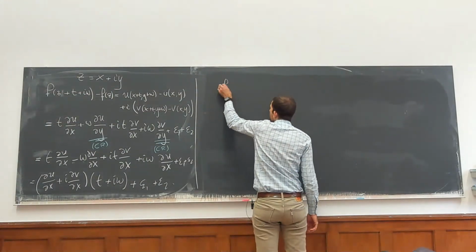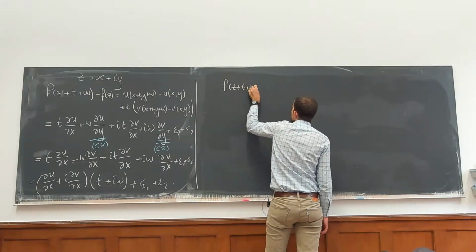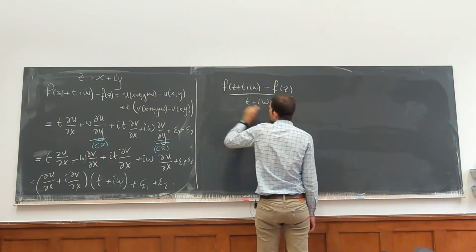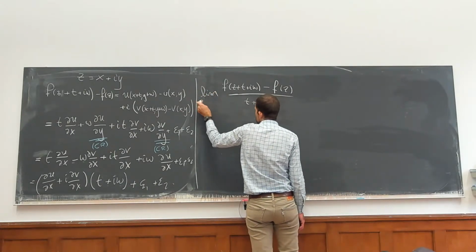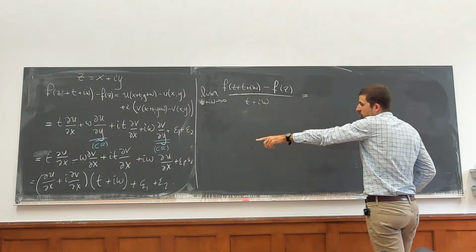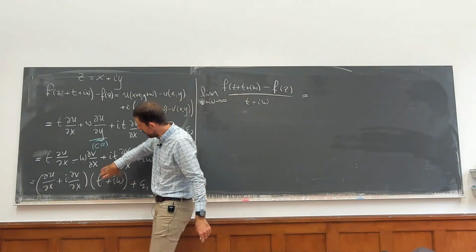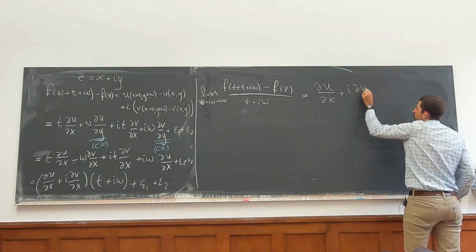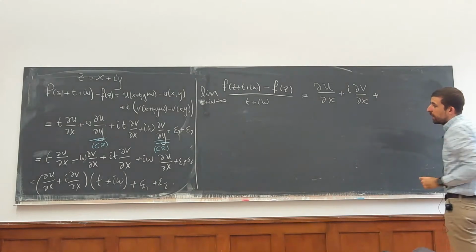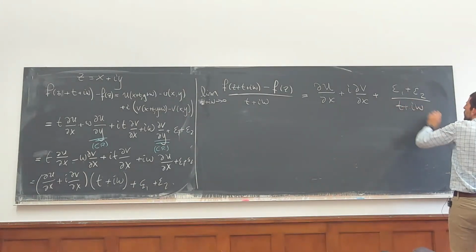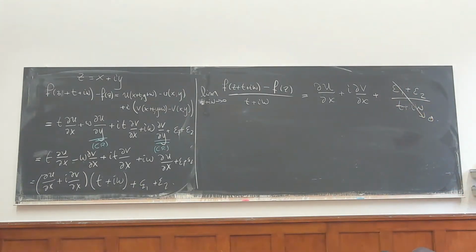So if I now write f of z plus t plus iw minus f of z over t plus iw, the limit as t plus iw goes to 0, I'm dividing by t plus iw, so I can take this out. This is just the derivative of u with respect to x plus i derivative of v with respect to x, plus z1 plus z2 over t plus iw, but this term goes to 0 by the hypothesis of continuous differentiability of u and v, and so we're done.